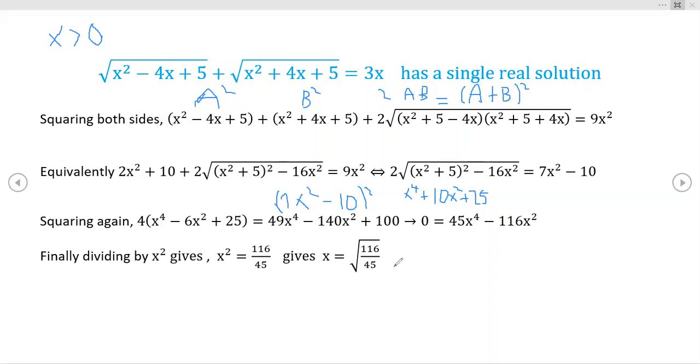Now, I personally don't mind just leaving the problem like this. But notice you can rewrite this if you want to. This is what they call rationalizing the denominator. You can rewrite this as the square root of this, which is 4 times 29.